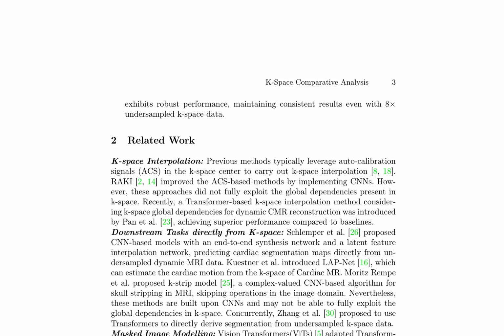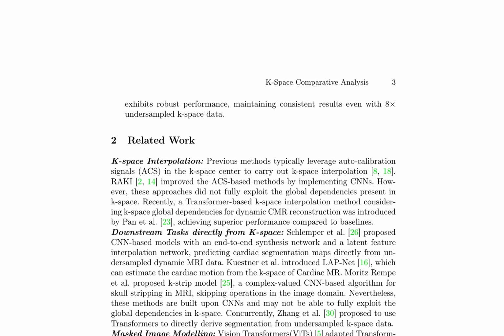This method's success can be attributed to its ability to model long-range dependencies within K-space, a capability lacking in CNN-based approaches. Downstream tasks, such as cardiac segmentation and motion estimation, have been predicted directly from undersampled dynamic MRI data using CNN-based models.